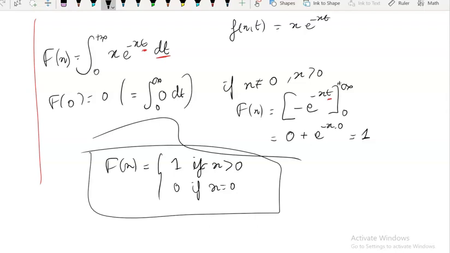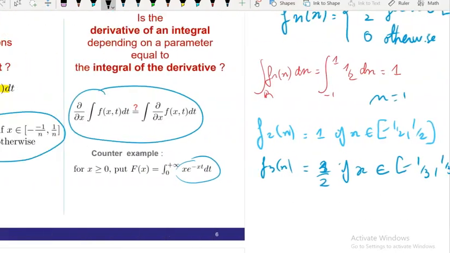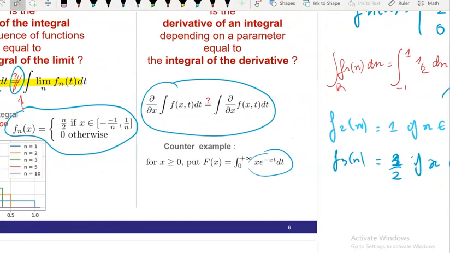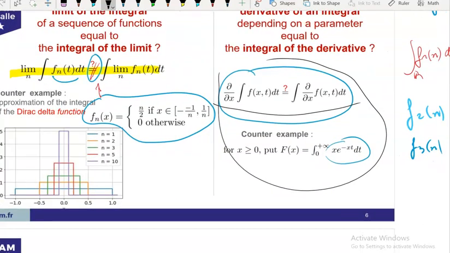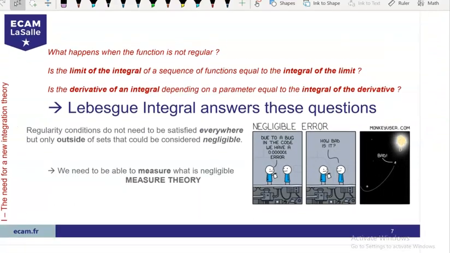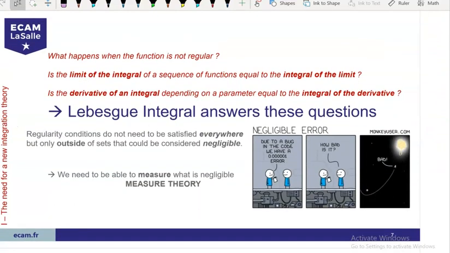So again, this is why we need to settle once and for all some conditions under which I will have continuity and differentiability of that parameter dependent integral. All right, so this is the idea. What happens if your function is not regular enough?